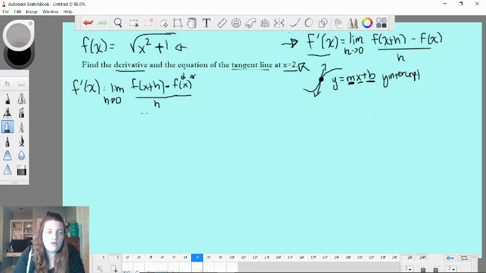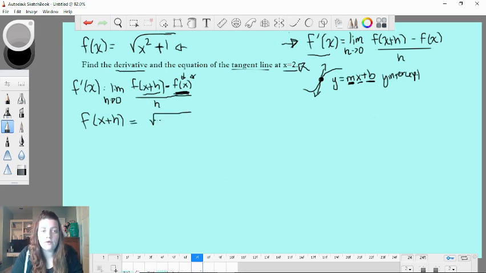Moving forward, our equation for f of x is the square root of x squared plus 1. Our equation for f of x plus h, remember you just plug in x plus h in place of x, is going to be the square root of (x plus h) squared plus 1. Okay.